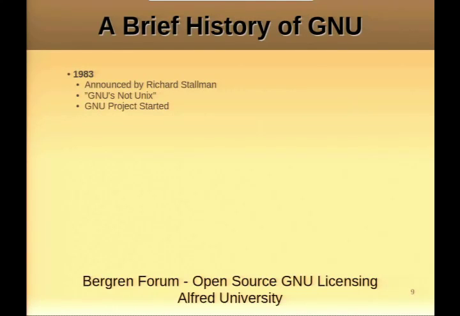Now, a brief history of GNU. GNU was started by Richard Stallman, who is a very interesting fellow. He wanted to provide an alternative to the closed-source Unix system. And programmers in general, especially back in the early 1980s, at the dawn of computers, were very odd sorts.